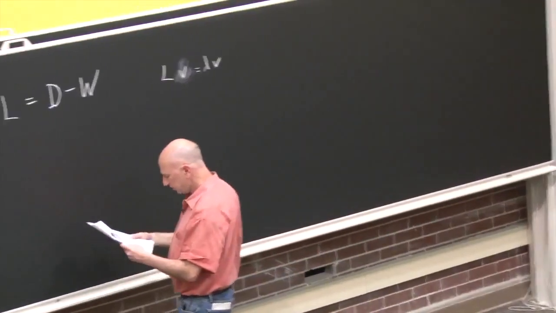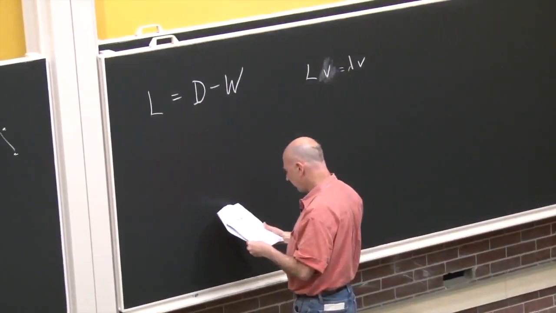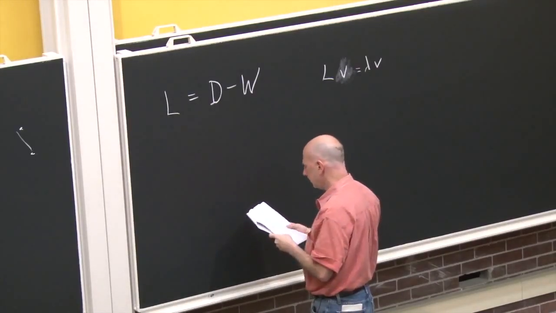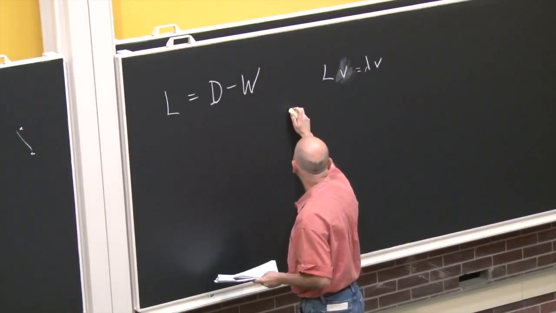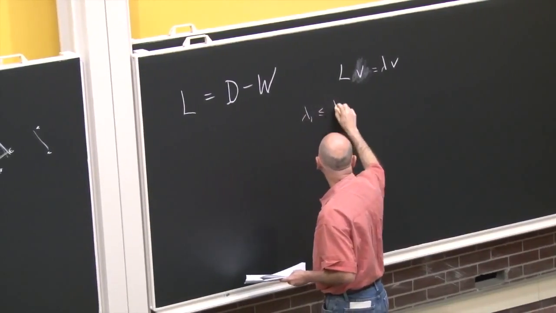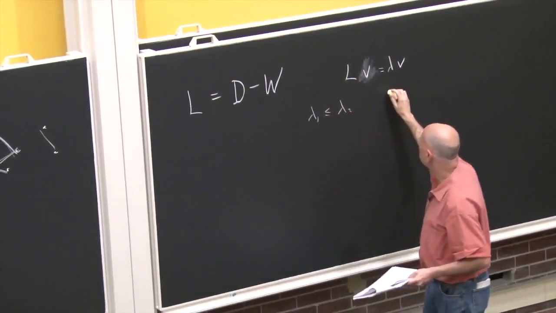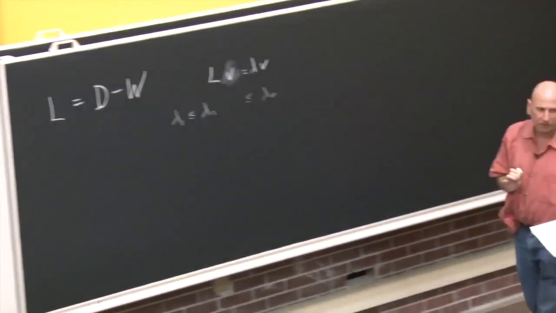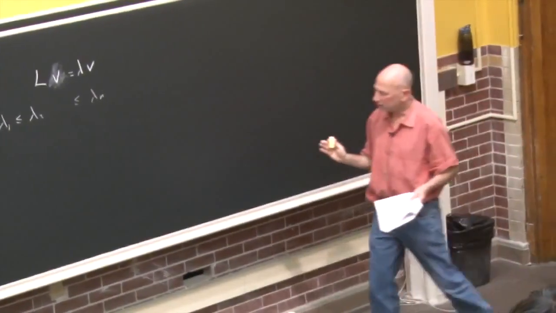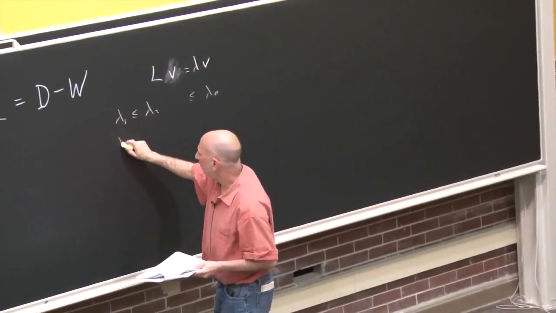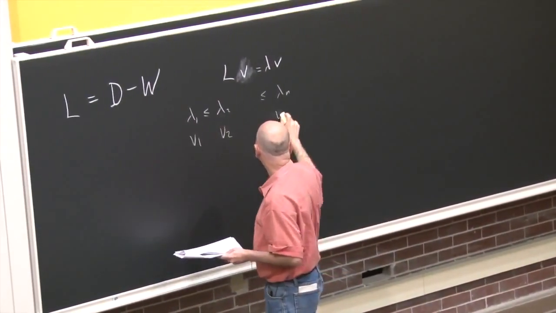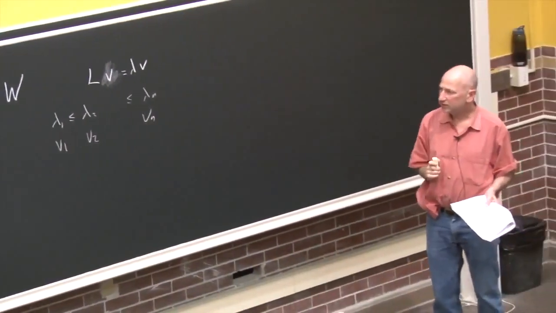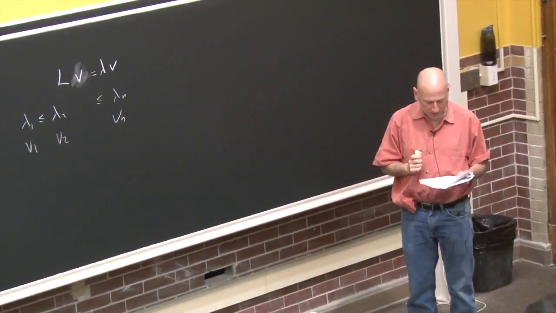What we're going to do is get all of the eigenvectors and eigenvalues. Sometimes we order them from largest to smallest, sometimes from smallest to largest. In this case, it'll be convenient to order them from smallest to largest, with the corresponding eigenvectors v1, v2, up to vn. So all we've done is take this mysterious matrix and do its eigendecomposition.